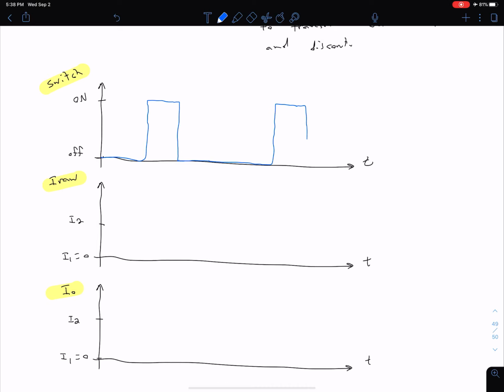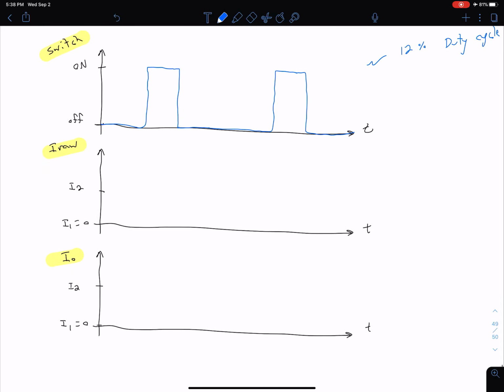Let's try that again, something like this. Note this should be a 12% duty cycle, so that's not to scale, just to help us get an idea.